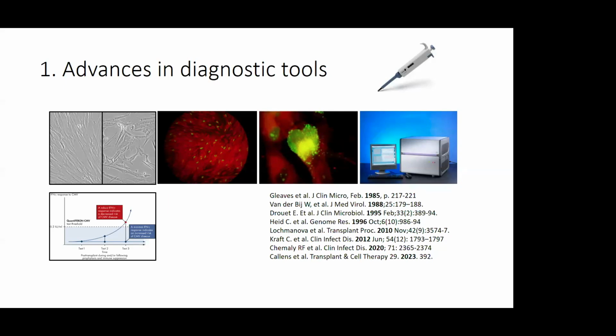Already now they have recovered their cellular immunity. They can produce interferon and they can fight the CMV. But a negative test does not automatically mean that a clinically significant CMV reactivation is going to occur. So now we've got these tools.